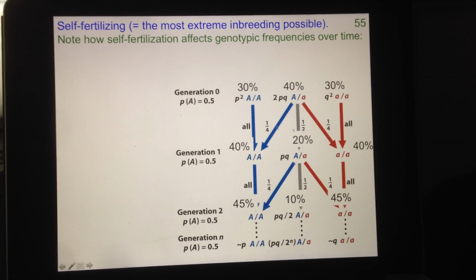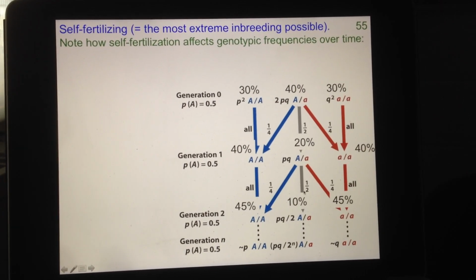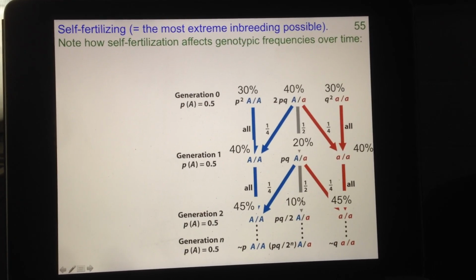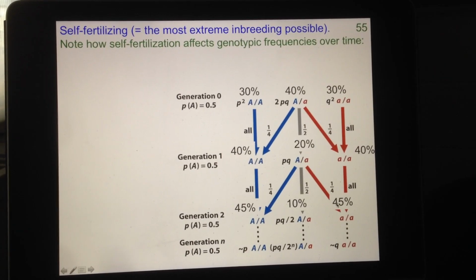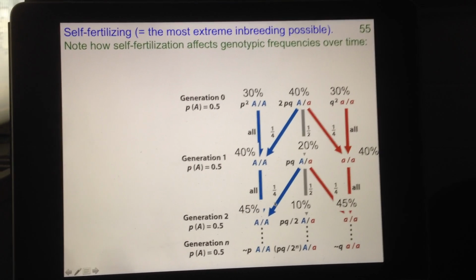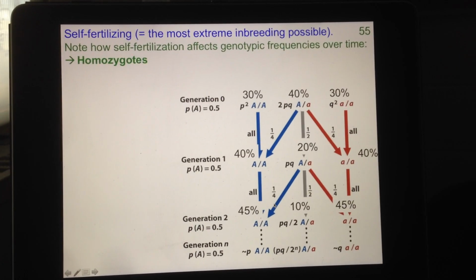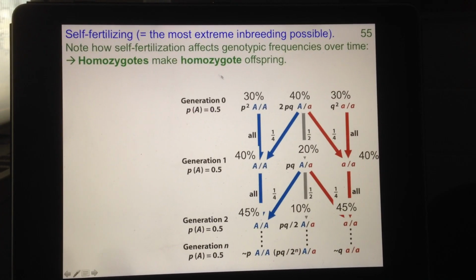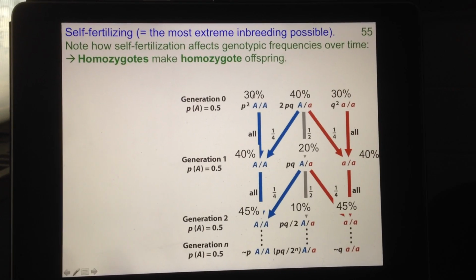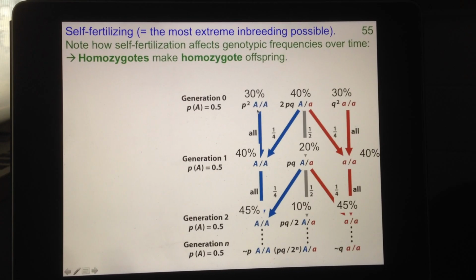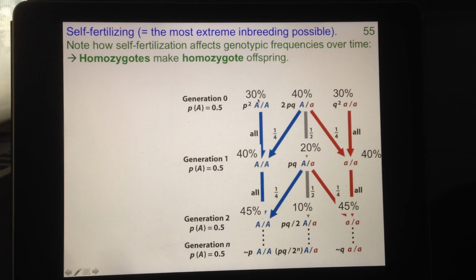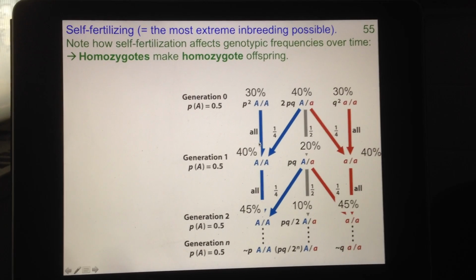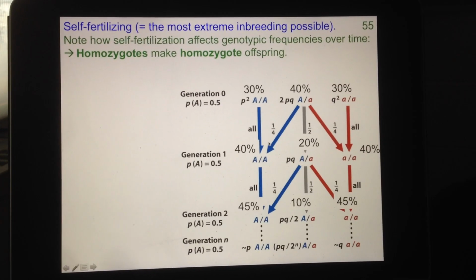The same thing goes to the next generation. Again, we lose another half of the heterozygotes. 10% was lost; 5% went to the homozygous recessive, 5% went to the homozygous dominant, and so on and so forth. Notice that the homozygotes just continue passing their genes on to their offspring because they're homozygous. So the 30% homozygous dominant stays 30%, then you add the 10 from the heterozygotes.